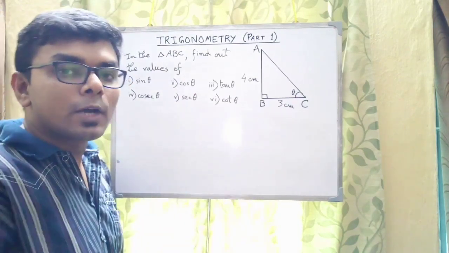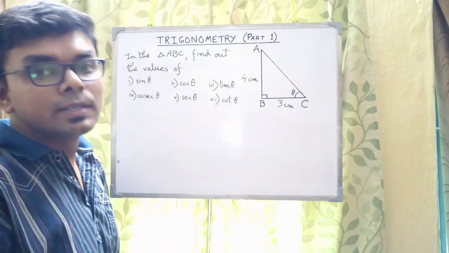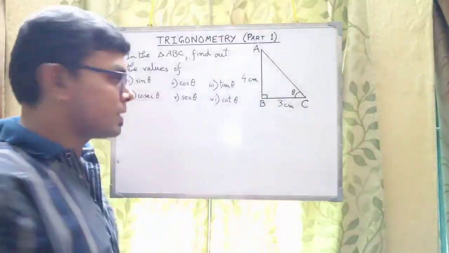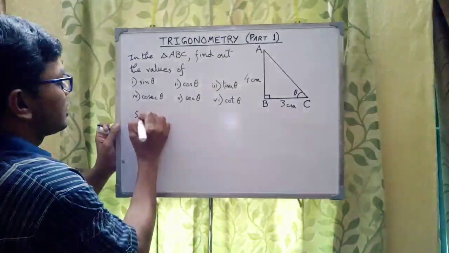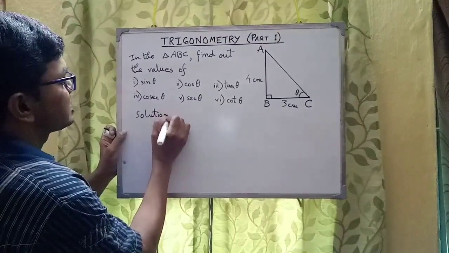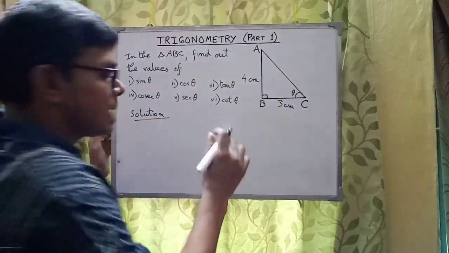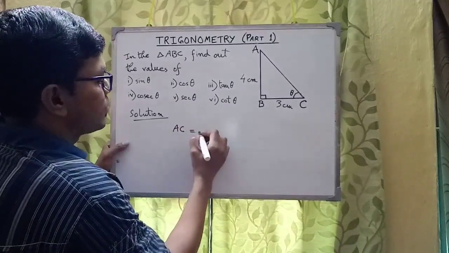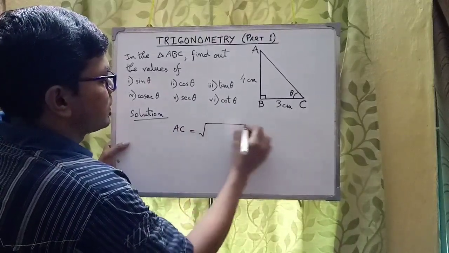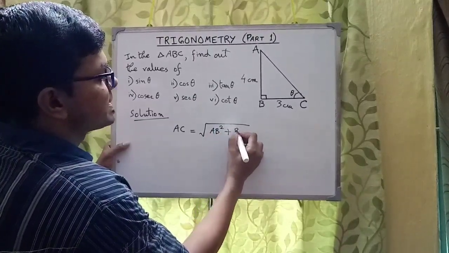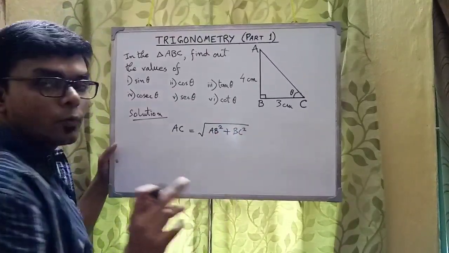So with the help of Pythagoras theorem, we can first calculate the length of the hypotenuse because the other two sides' lengths are given. So the solution would be like this. We first find the hypotenuse, that is AC, equals square root of AB square plus BC square. Why are we finding this?